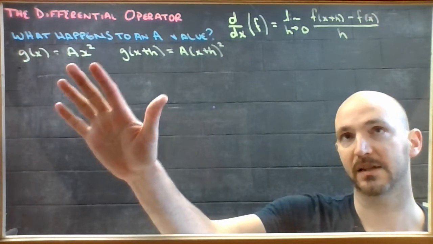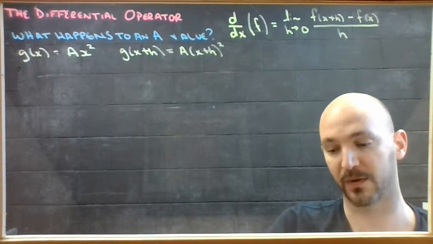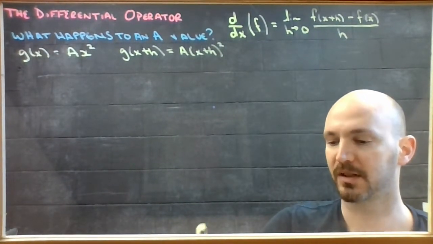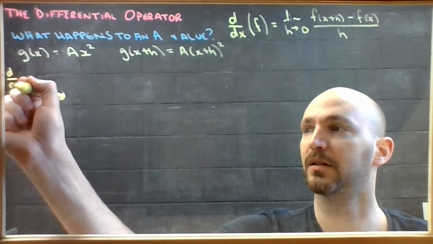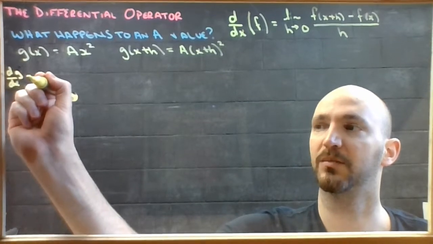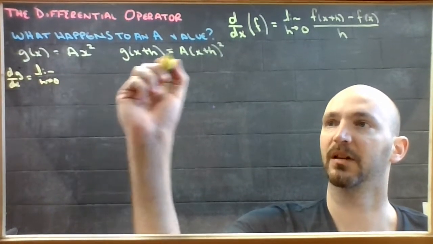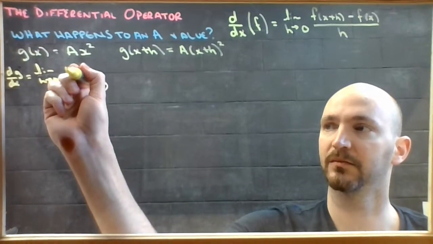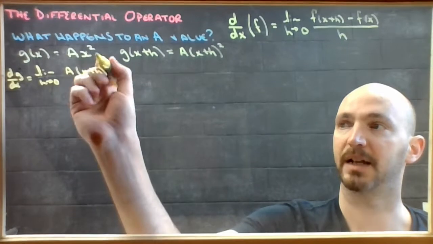So I'm going to take this, it goes here, this, it goes here, in order to work with my differential operator. So the differential operator applied to g would be the limit as h goes to 0 of this thing minus this thing.